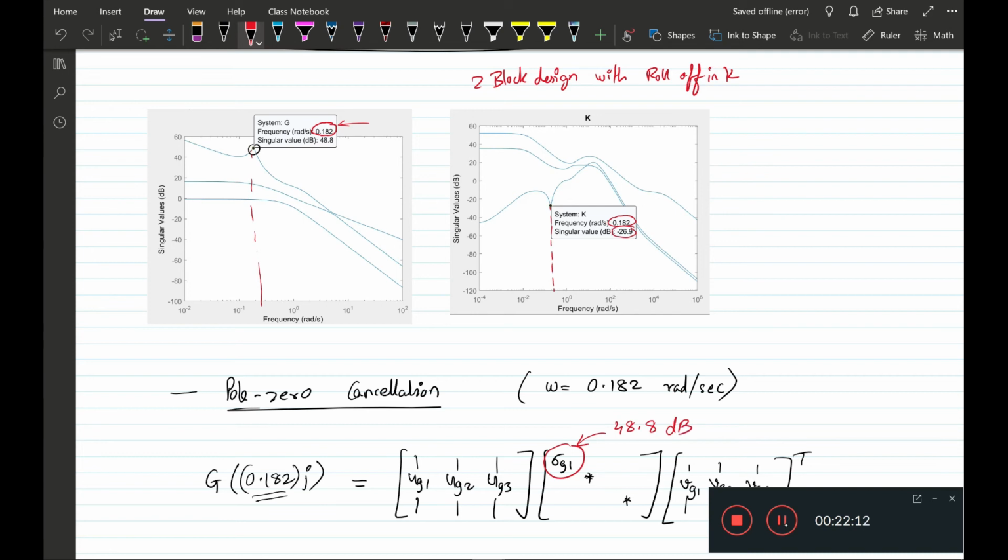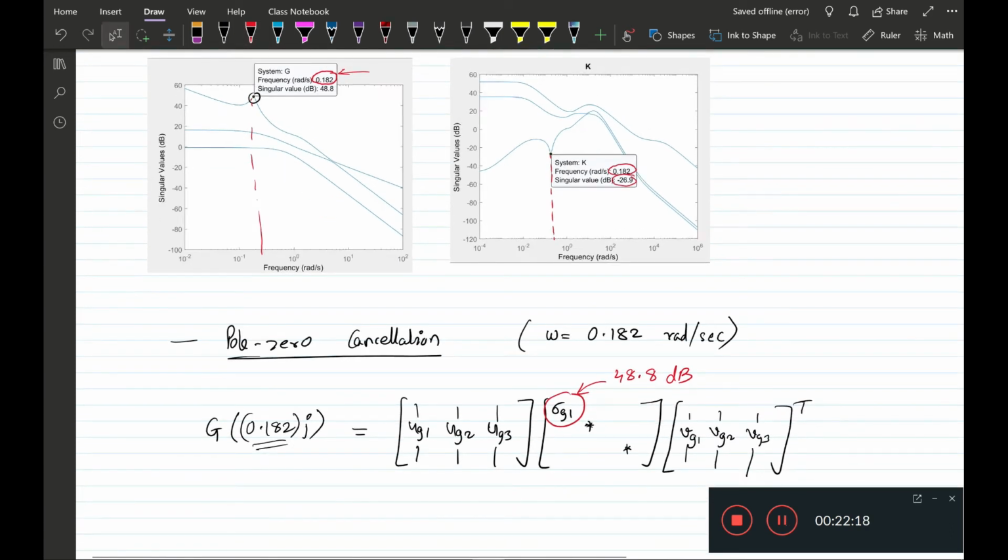Note that the SVD gives you a value in linear scale, not in the dB scale.